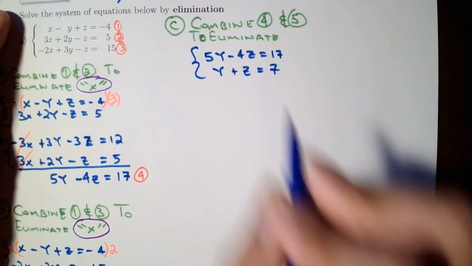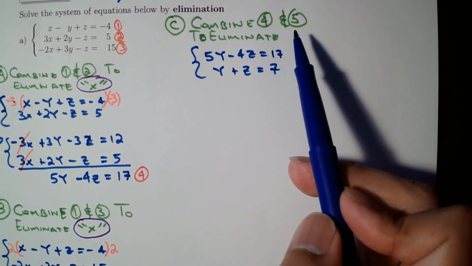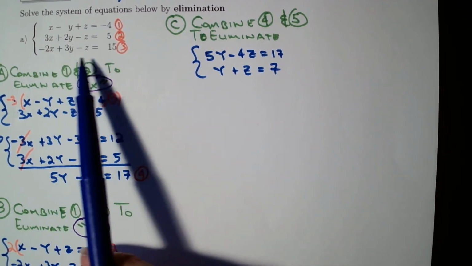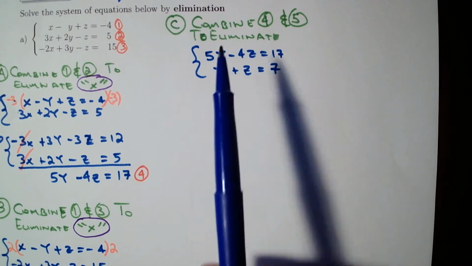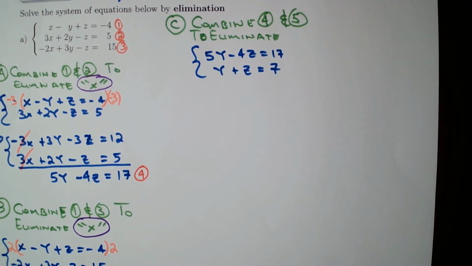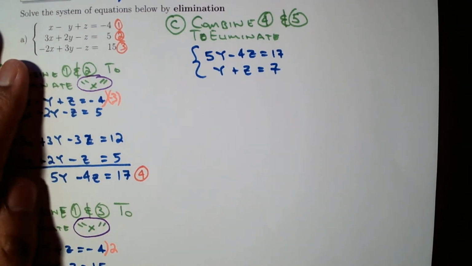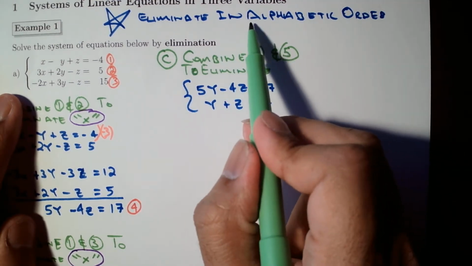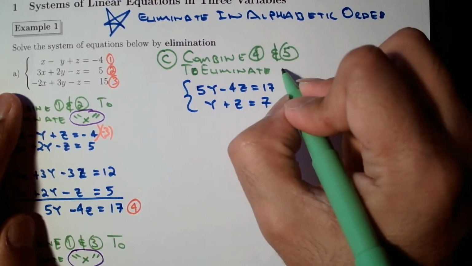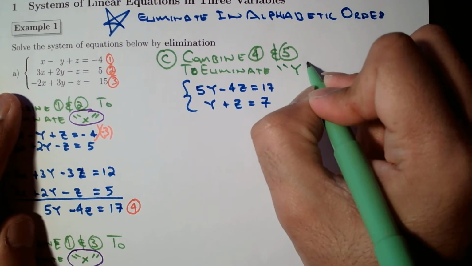In this case, notice when combining 4 and 5, the 3 by 3 becomes a 2 by 2. So that's why we call it elimination, and because we already eliminated the variable x, what we do next is eliminate the variable that follows in alphabetic order, in this case y.